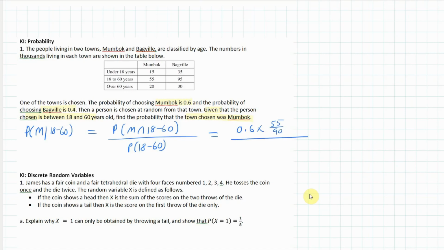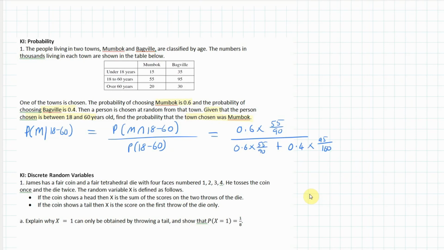And then we're going to divide that by, well, one way of getting those 18 to 60 year olds is if you choose Mumbok, but also the other way is choosing Bagville, which is 0.4, and there's 95 in that age group out of a total of 160, I think.